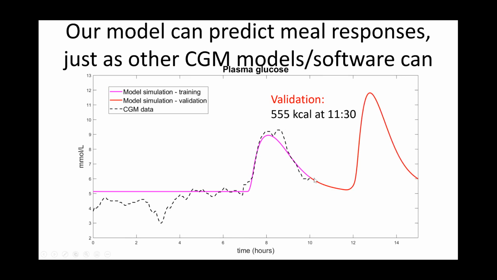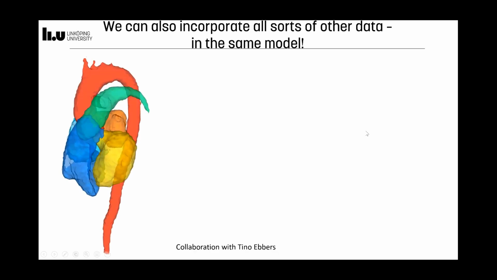Then the digital twin says, based on this information alone, that this is what the glucose curve will probably look like. Once we have made that prediction, we look at the data, and we see that the prediction is quite good.